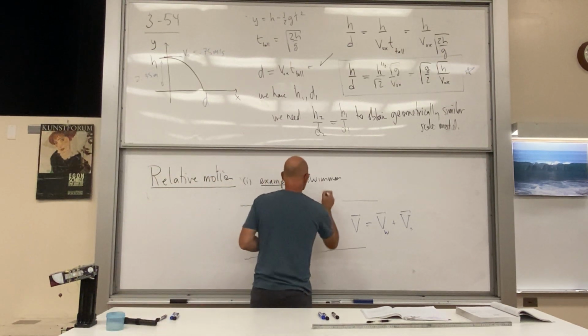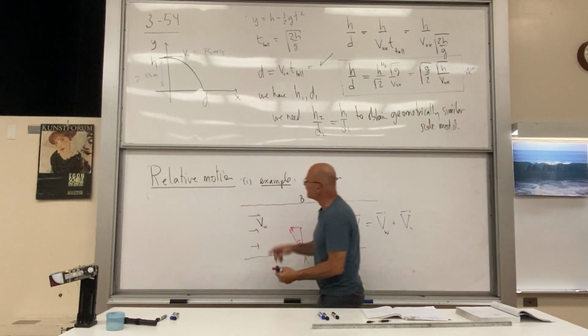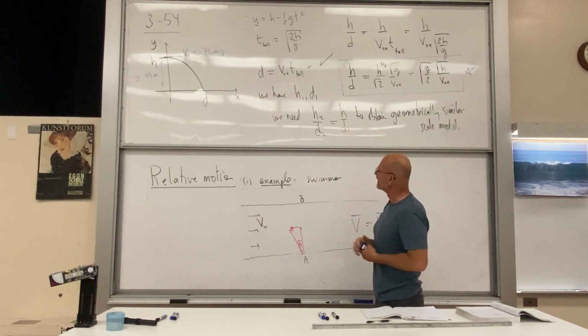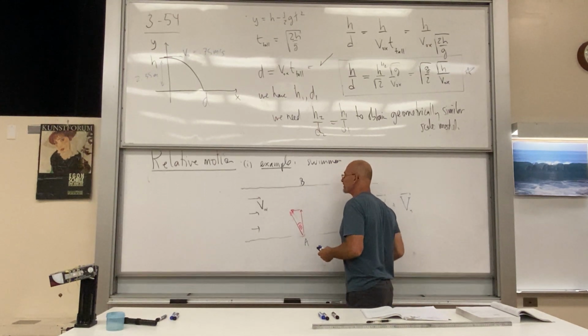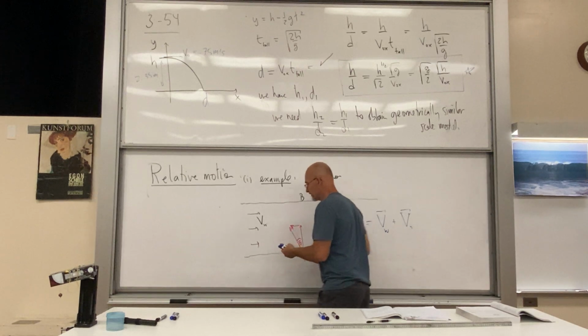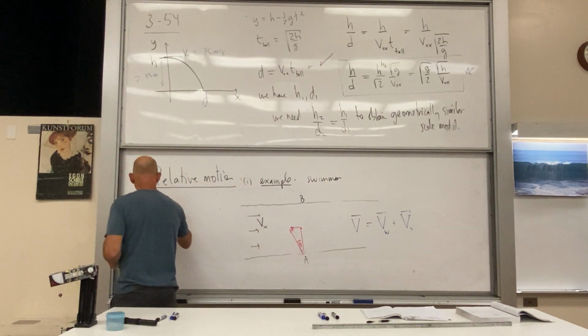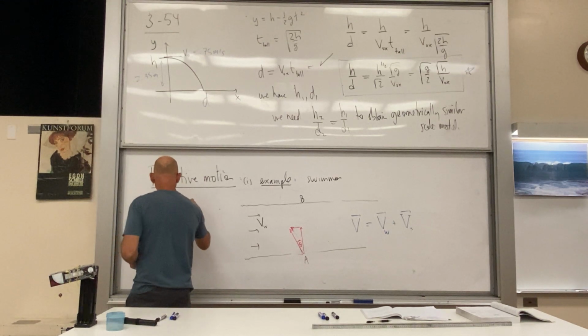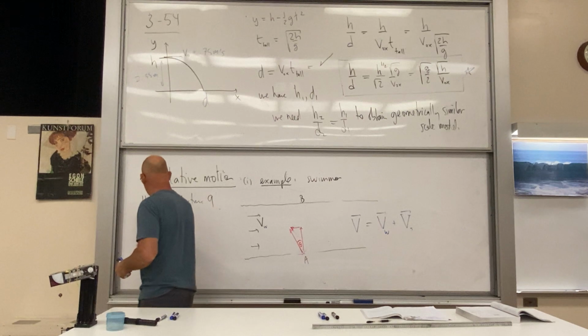Good. I'm going to assign a couple problems. I'll assign a couple of this type and a couple more projectiles, and then we'll have a good grasp on chapter 3. So let's see, we've got plenty of room here. So this is homework for lecture 9.